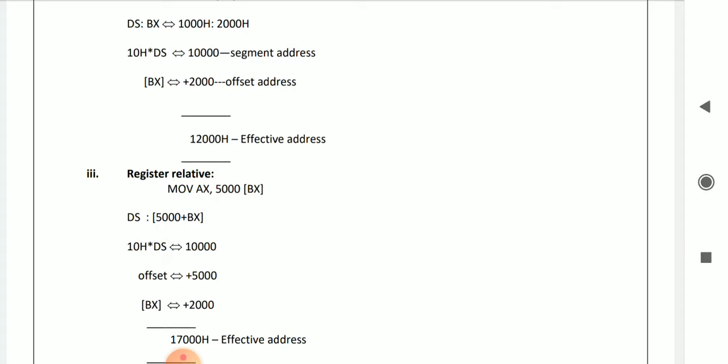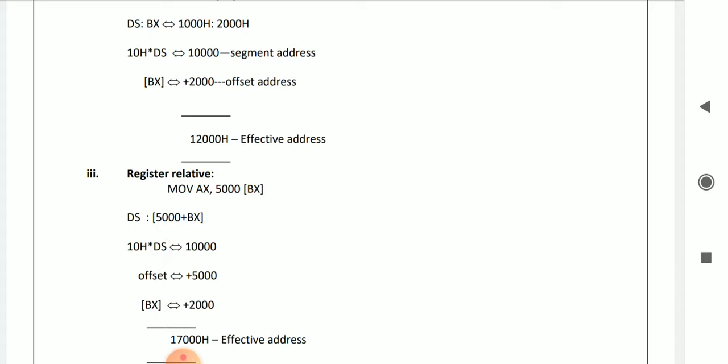If you want to calculate the effective address, the offset address will be 5000 plus BX. Always the displacement should be added to BX, base pointer, or index register.